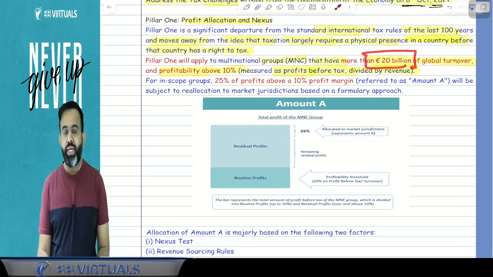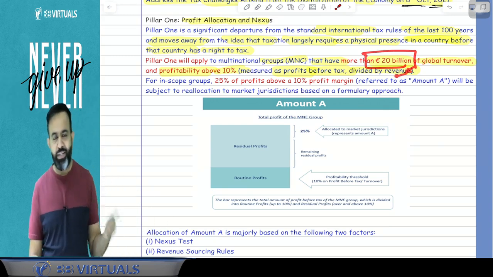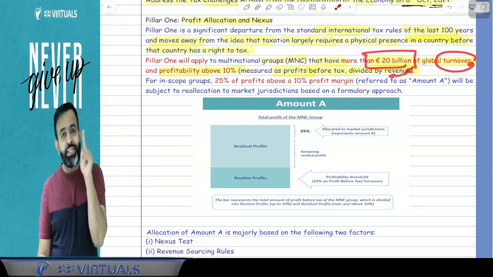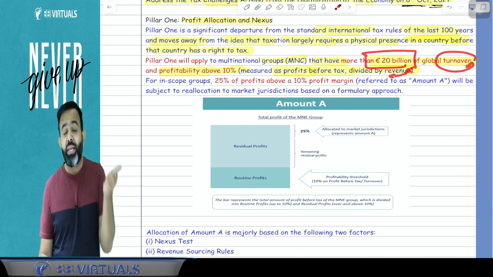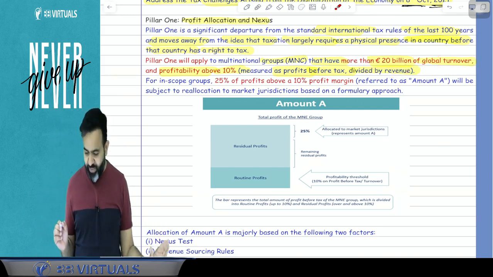So guys, 1 billion is basically 100 crore. 20 billion is 2000 crore euros, and if you multiply 2000 crore euros by 90 rupees, the rate of 1 euro, then you will get it in Indian currency. So if their global turnover is more than that, and their profitability is more than 10%, then only this Pillar 1 is applicable.